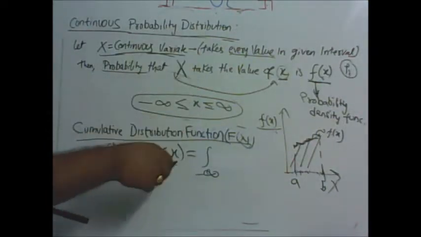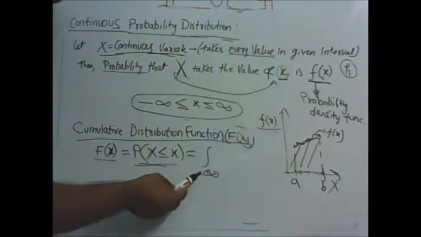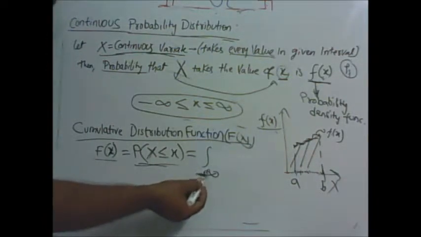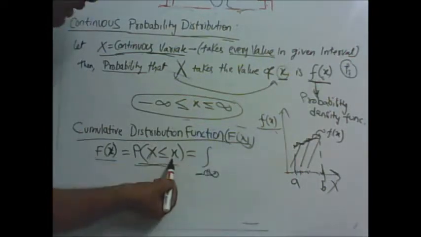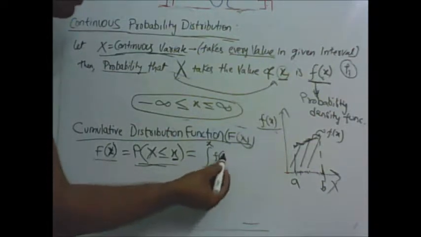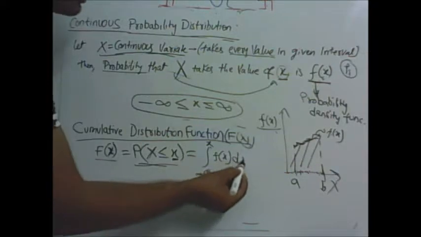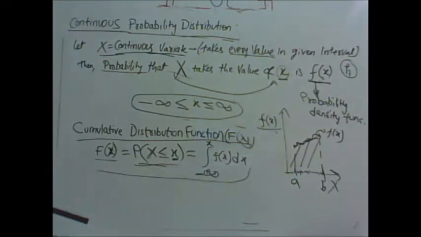Here it is uncountable, like heights, masses, so it takes continuous values and the only option is to integrate. So from minus infinity, the least value, up to x, the accumulation is up to x only. The upper limit is x, f of x dx. This is given by the cumulative distribution function.